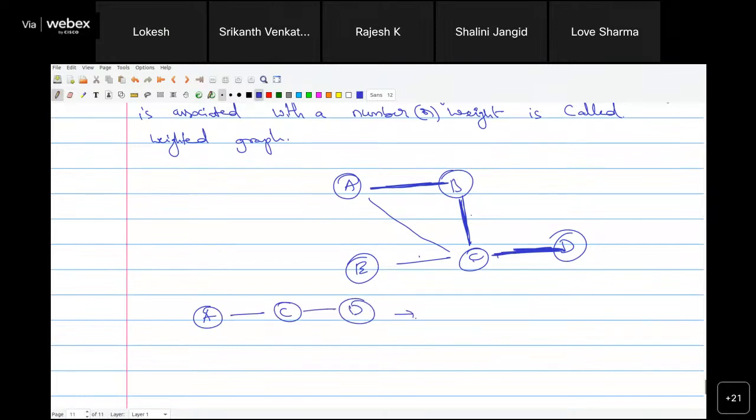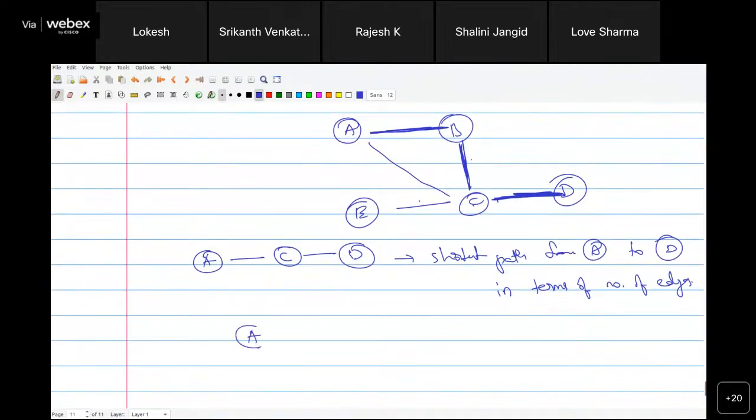So this will be the shortest path from A to D, and here I refer to shortest path in terms of the number of edges. Now if weights are associated, in the same example I have associated weights, assigning 2, 3, 6, 7 and 1. So now what will be the shortest path?